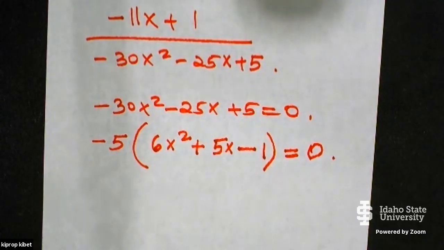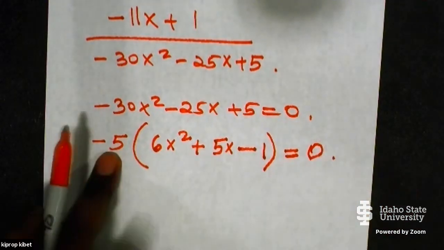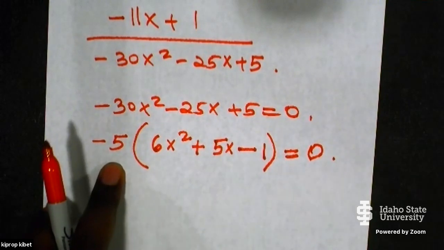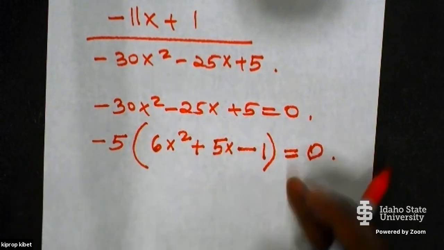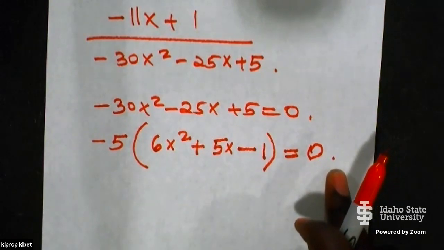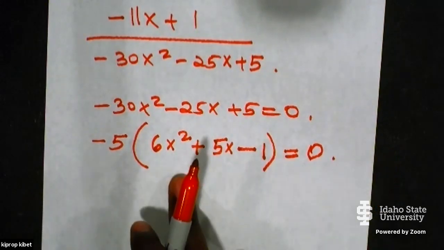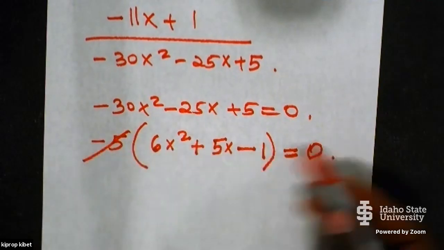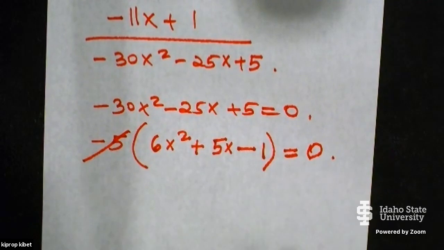So because this is equal to 0, then you can remove the what? The minus 5 there. So minus 5 equals to 0. And this one is also equal to 0. Okay? So using the zero product property, this can cancel out.